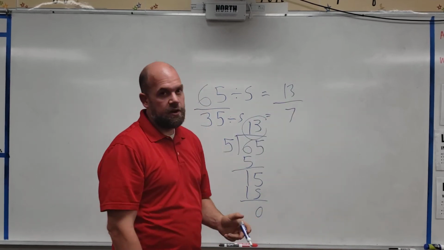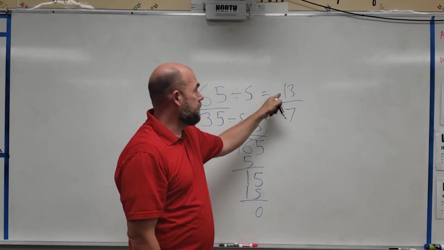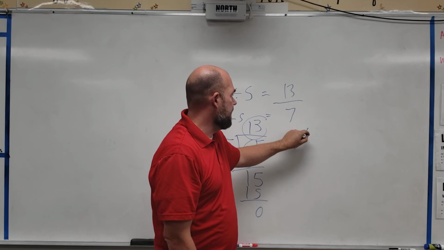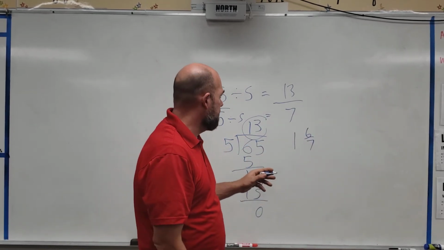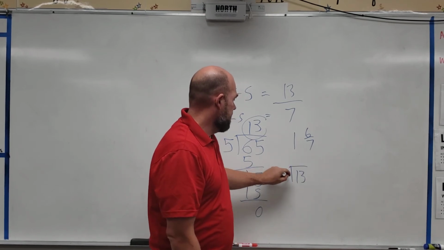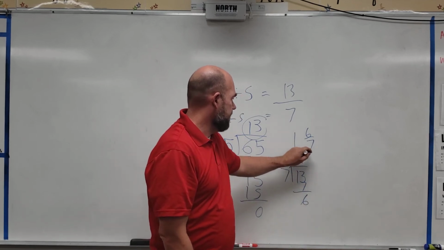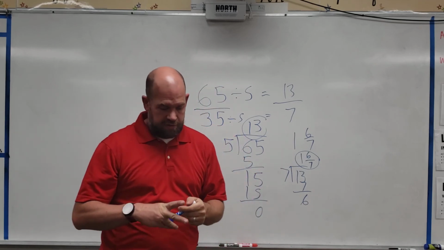So then we have 13 over 7. Now 7 times 2 is going to be 14, and that's 1 more. So we know that our mixed number is going to be 1 6/7. But if we can't think of that using mental math, we can always divide 13 by 7. 7 goes into 13 one time with a remainder of 6. So we get 6 over 7. Either way, we get the same answer.